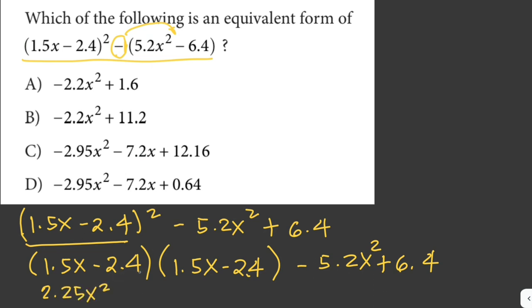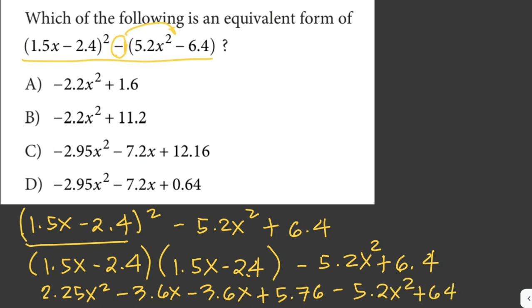Then negative 2.4 times 1.5, that is negative 3.6x. Then 1.5x times negative 2.4, that is negative 3.6x. And then 2.4 times 2.4, which is 5.76, minus 5.2x squared plus 6.4.